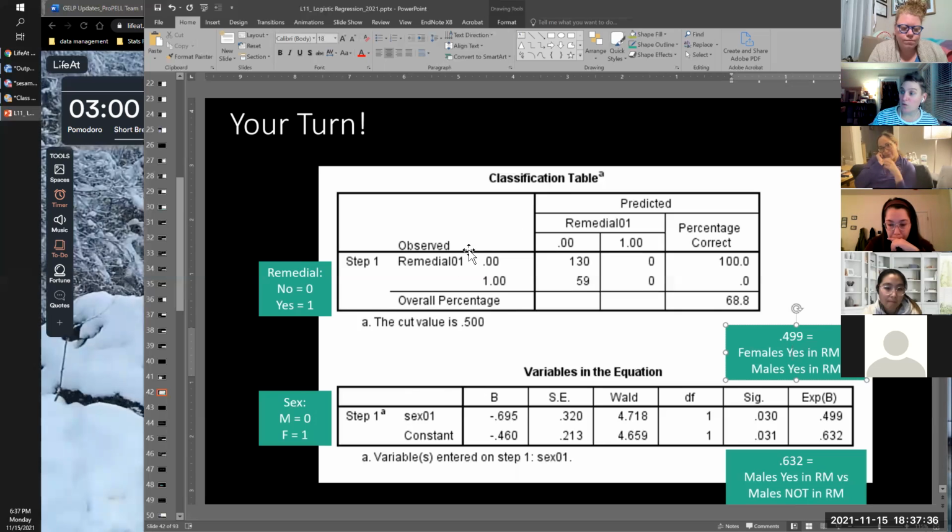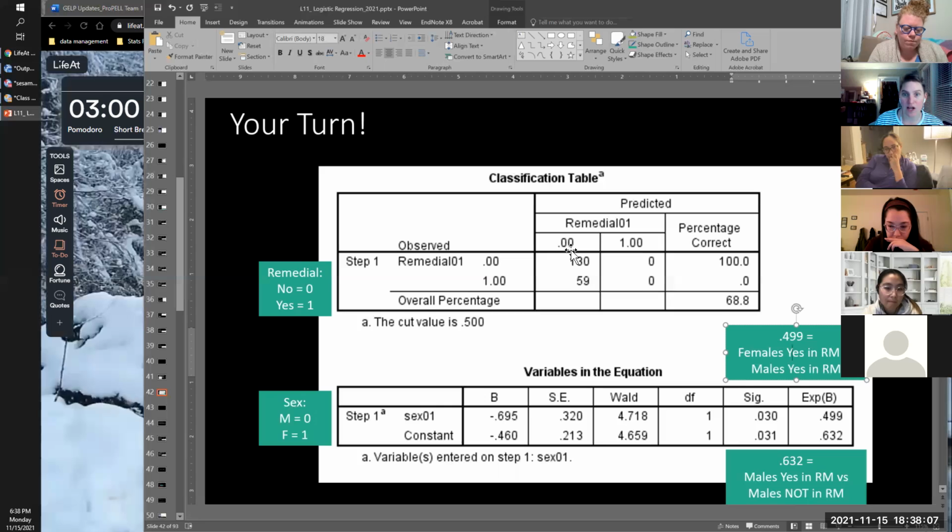Sure. So the way that the computer has done the math, it has taken this number here, the 0.695 and 0.460, to create one expected probability for every single person. And so that expected probability for each person, if it's below this cut value of 0.5, then we're going to guess that they're going to get a remedial score of 0.